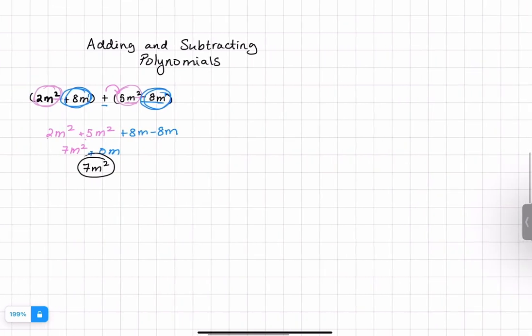Let's look at another example. So we have 5 minus 4x to the 4th power, minus 5x to the 4th plus 6x. Great. So starting off, let's distribute the negative.